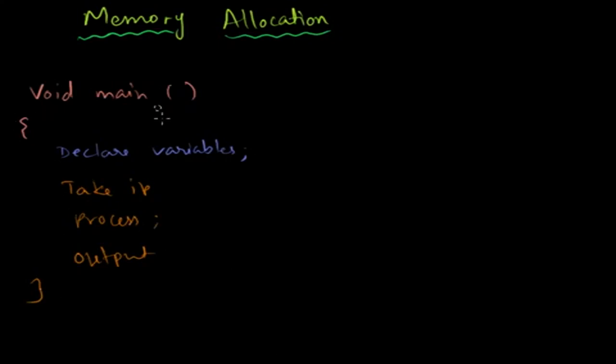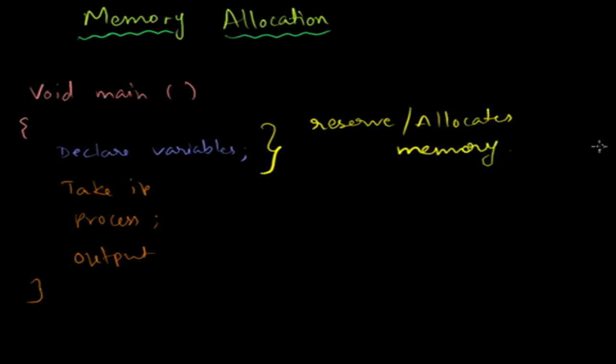Now what happens in this process? When you declare variables, the compiler reserves memory space. It allocates memory for your variables to store values. And whenever you declare variables at the start of any function or at the start of your main function, this memory is allocated at compile time.